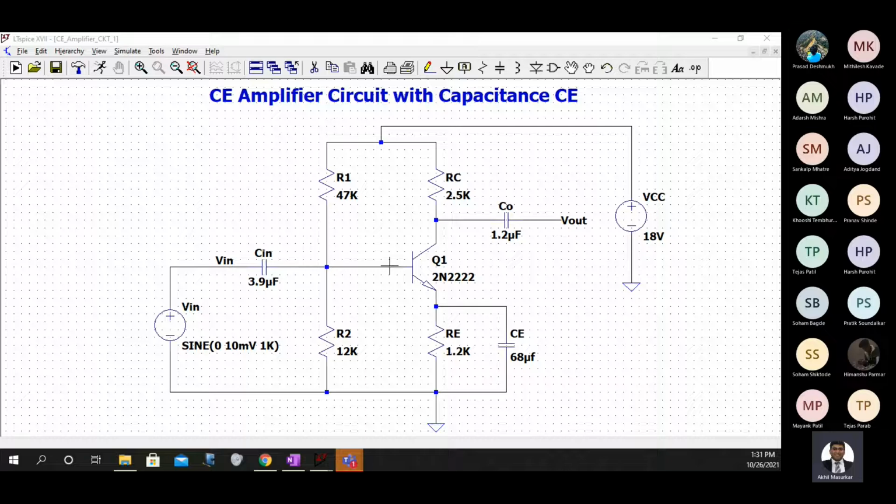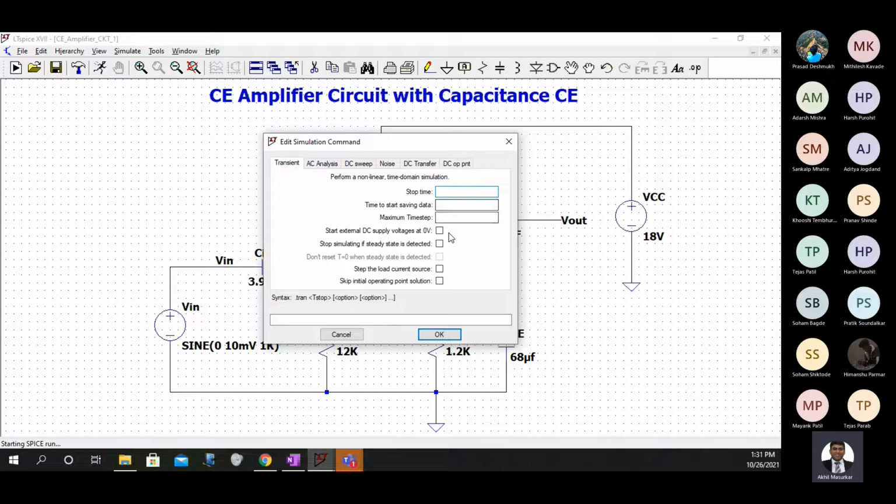Okay, that's correct. Now let's click the simulation button.